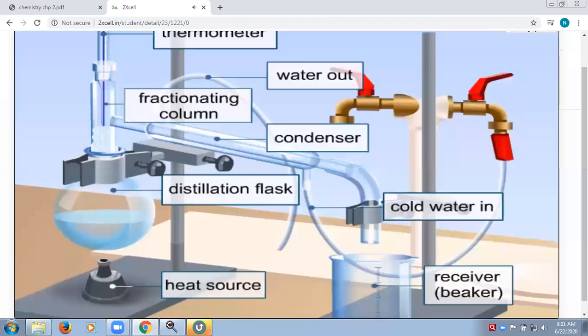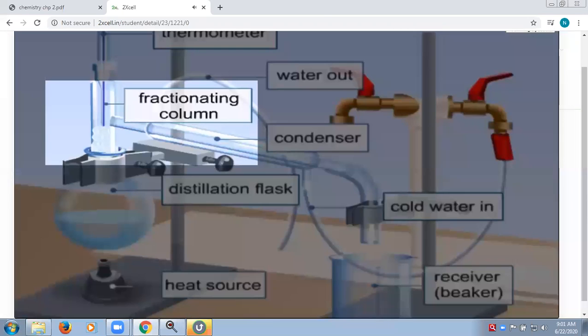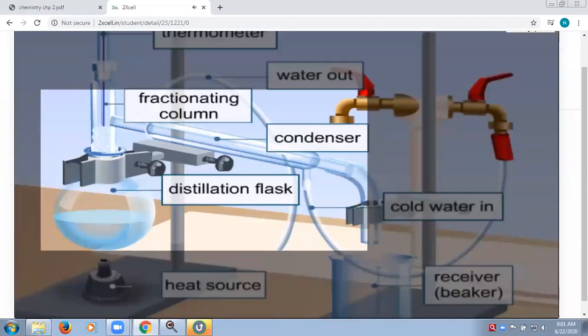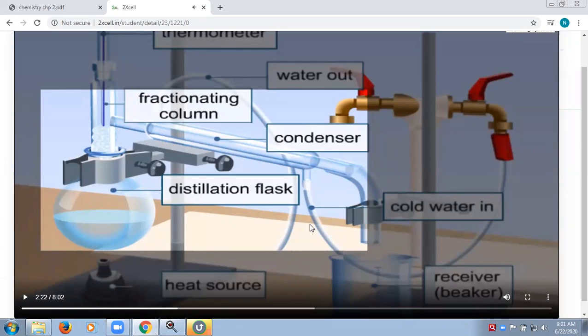The only difference is the presence of a fractionating column, which is fitted between the distillation flask and the condenser. This fractionating column was missing in the simple distillation process, but it is there in the fractional distillation process. Clear? The miscible liquids have very little difference in their boiling points, so that is why this fractionating column is used.